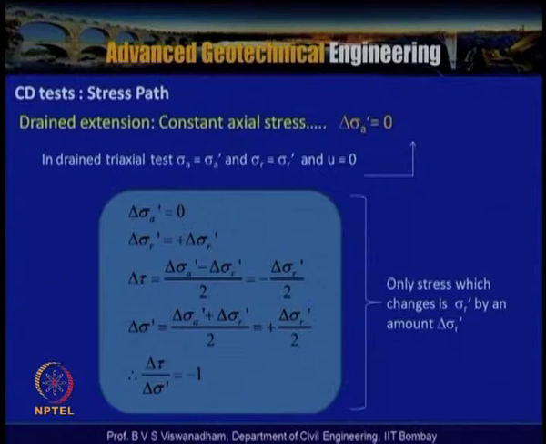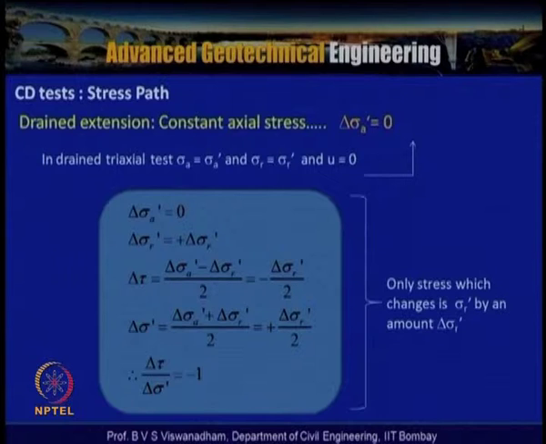So what we have is minus delta sigma r dash by 2, and delta tau dash is equal to delta sigma a dash plus delta sigma r dash by 2, with delta sigma a dash equal to 0. What we get is delta sigma r dash by 2, with the slope delta tau by delta sigma dash, which is nothing but minus 1.